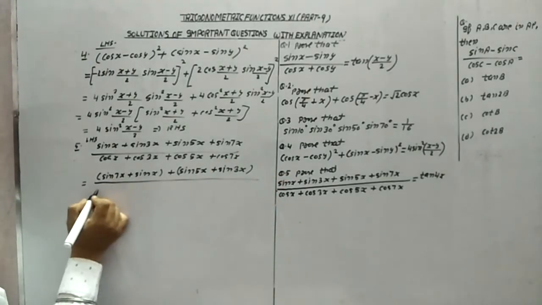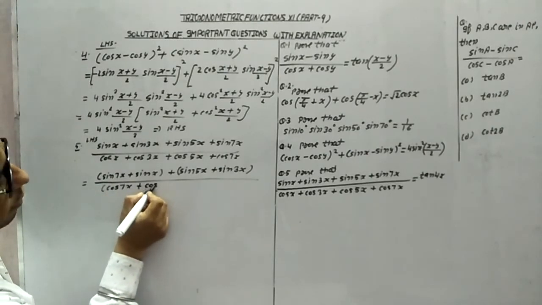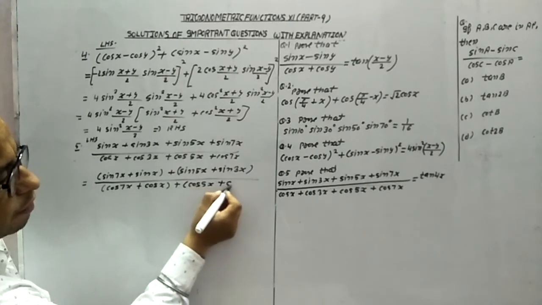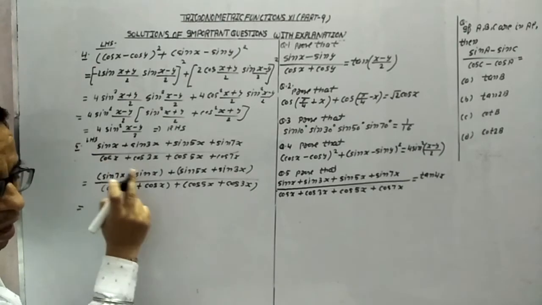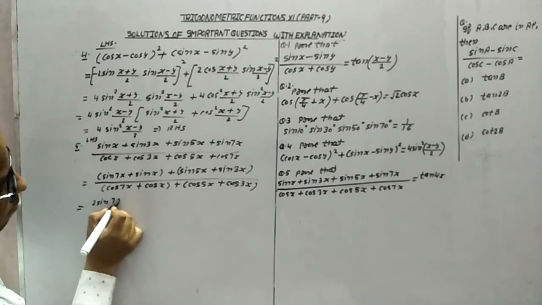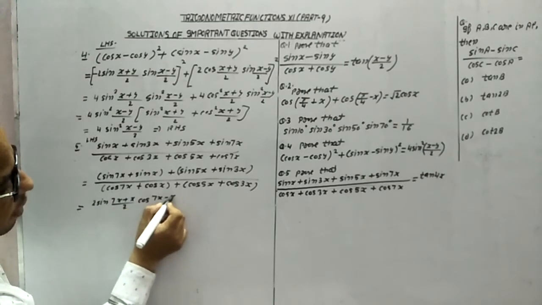In the same way, cos 7x plus cos x, and plus cos 5x plus cos 3x. Now directly I am going to apply this identity, sin c plus sin d. The rule is 2 sin (c plus d) by 2 cos (c minus d) by 2.